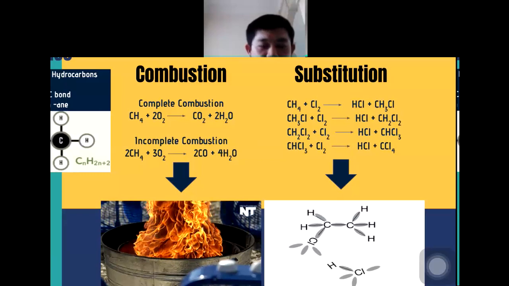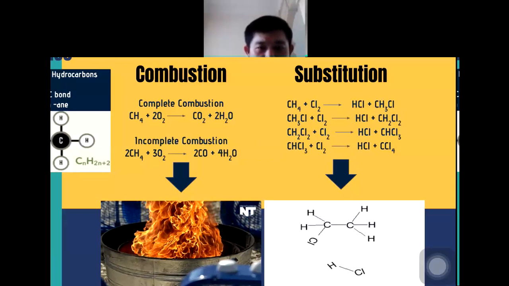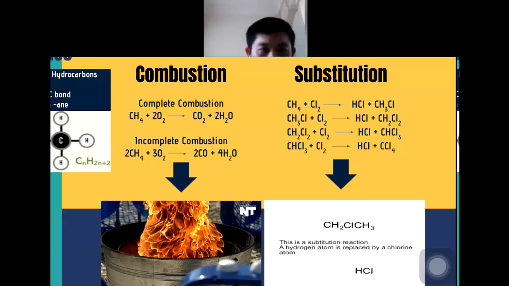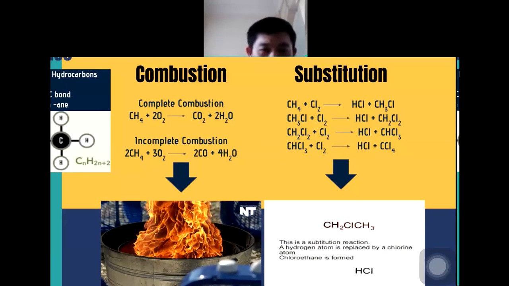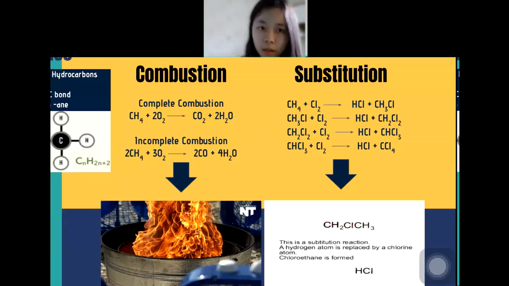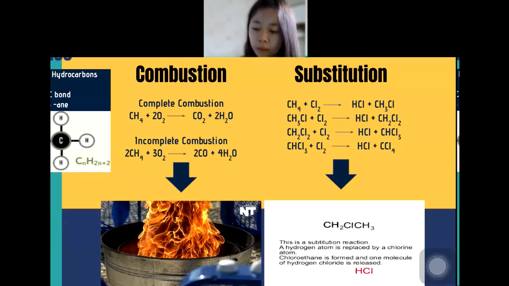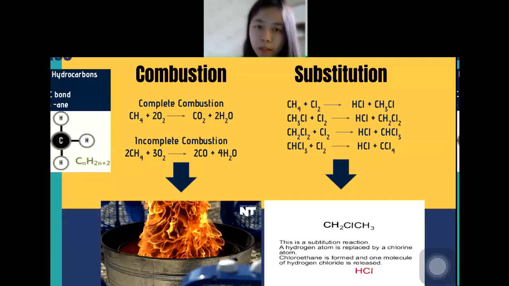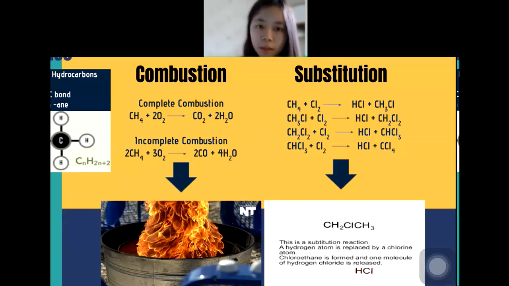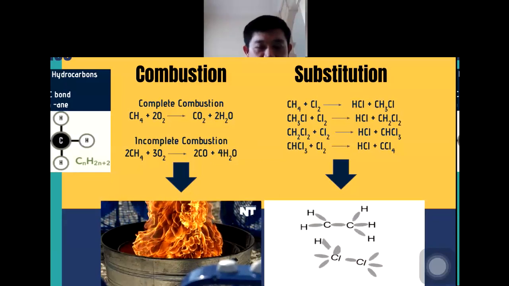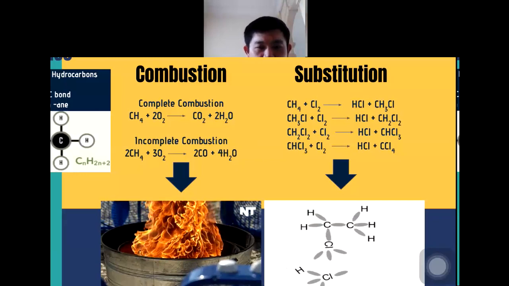Why is a catalyst used in substitution of alkanes? Because the chlorines are free radicals. So when the chlorine atoms are exposed to the light, they become chlorine radicals, which can substitute the hydrogen atoms in the hydrocarbons. Yes, that is the effect after using the catalyst.